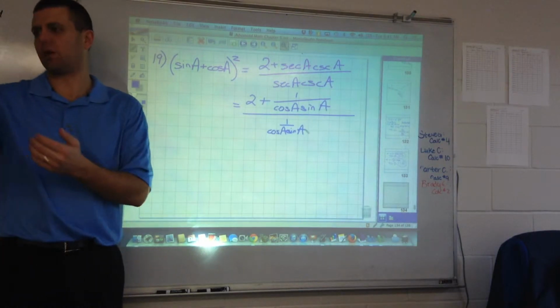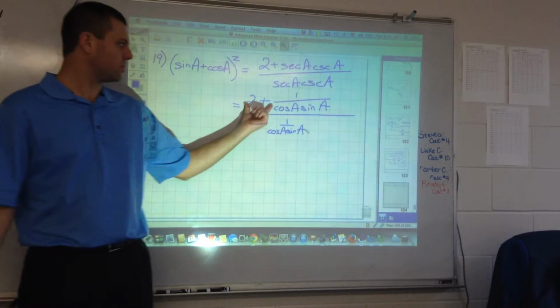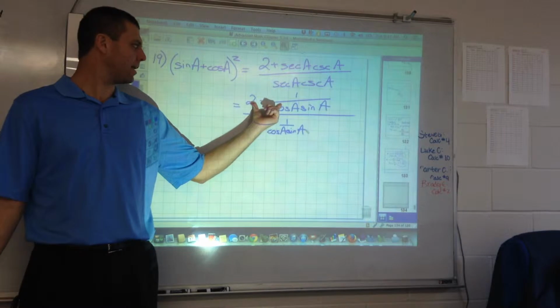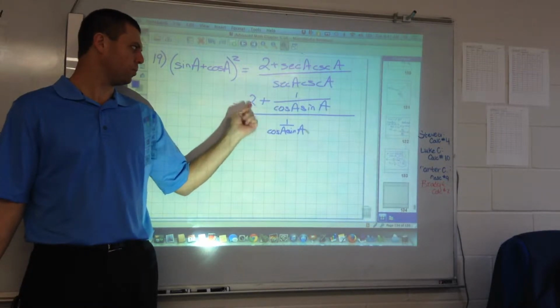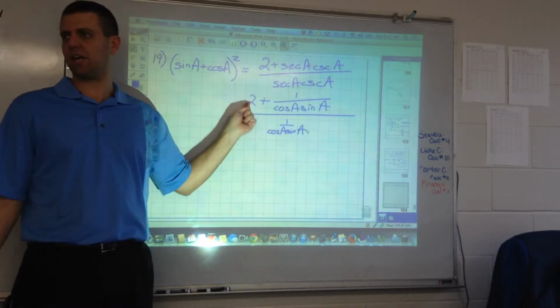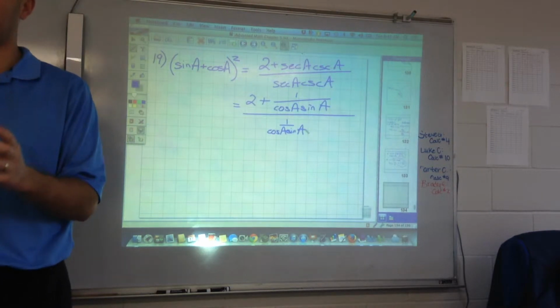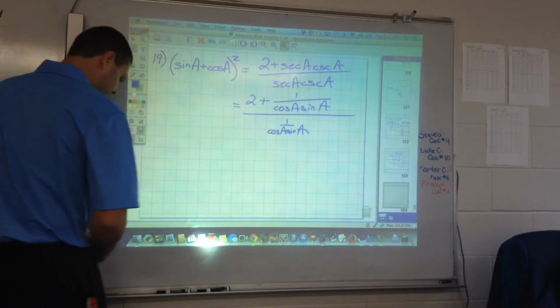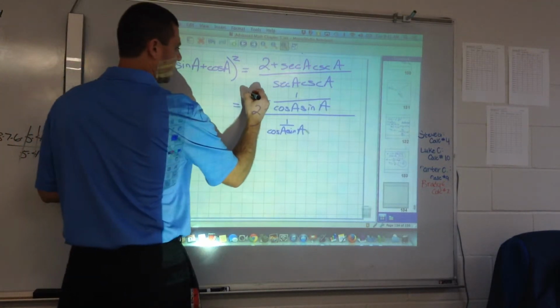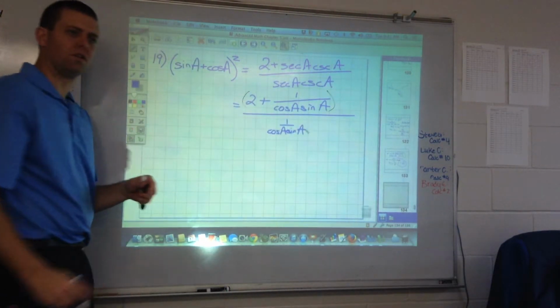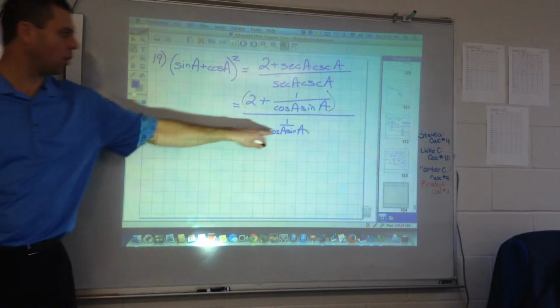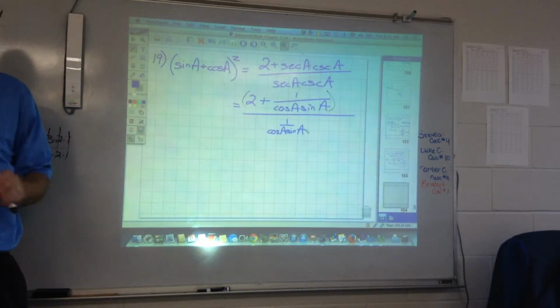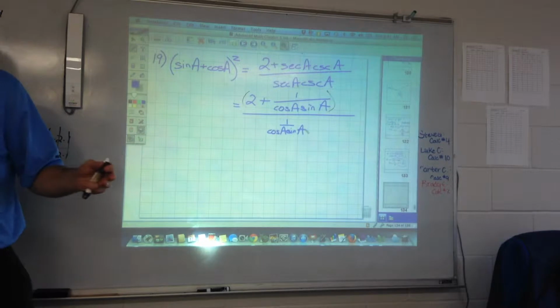But some people might have added these two together by making a common denominator, so you'd multiply the 2 by cosine A sine A over cosine A sine A. But if I just take that whole numerator and multiply it by the reciprocal right now, that'd be okay too.